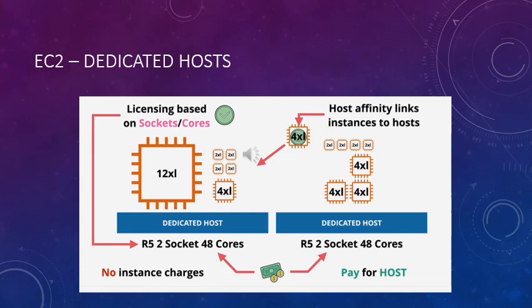Most people don't need this because AWS isolation makes sure that different companies can't see each other's virtual machines anyway. But just in case you're a really, really hyper paranoid security company or bank, this dedicated host option does exist. It's much more expensive, of course, but it provides that for you.